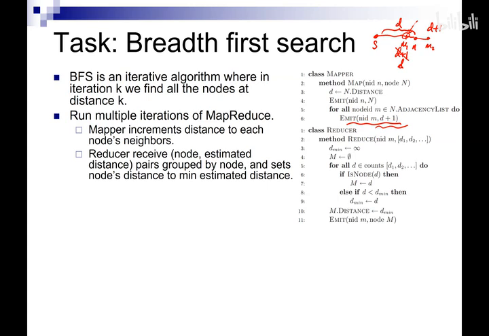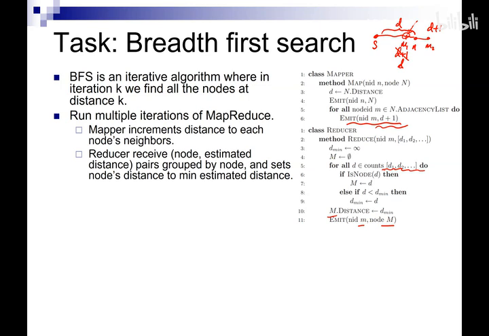So we emit all of these tuples over here in the map stage, and then in the reduce stage, for each node, we're going to have a bunch of these estimated distances. Then we just want to take the minimum estimated distance for that node as the true distance for that node. So the node is called capital M, and the ID of the node is little m.